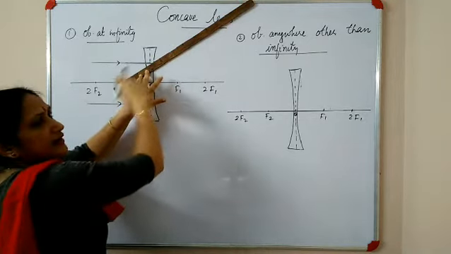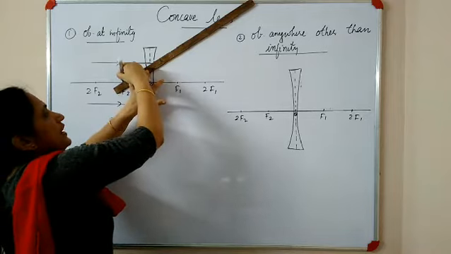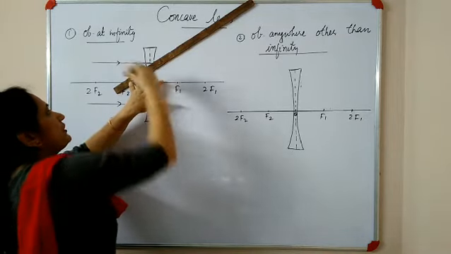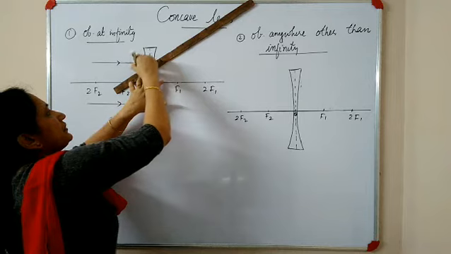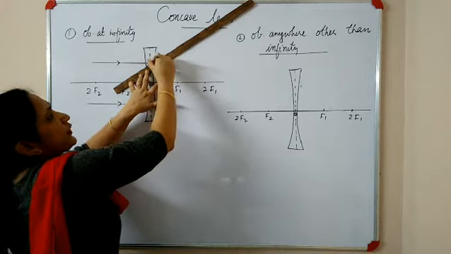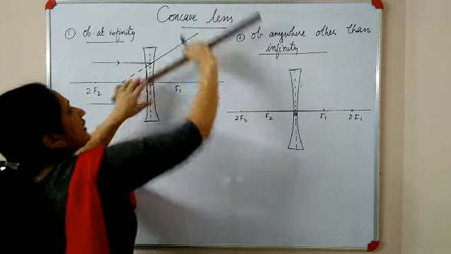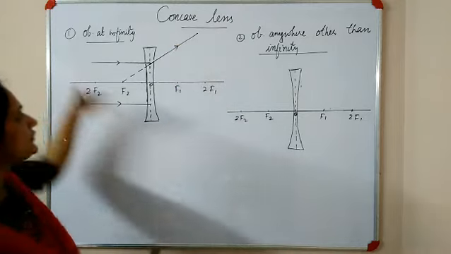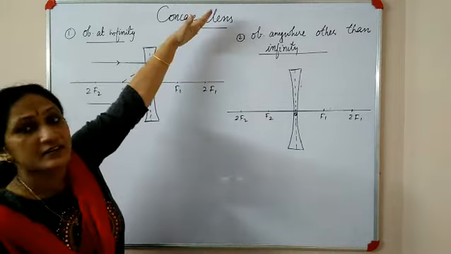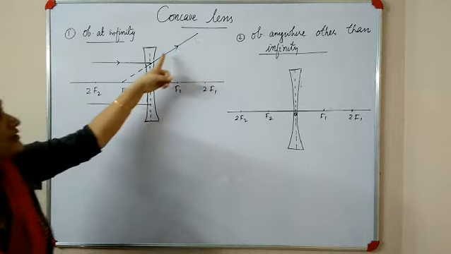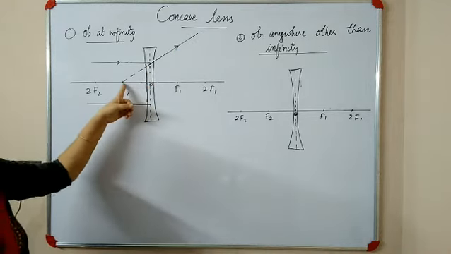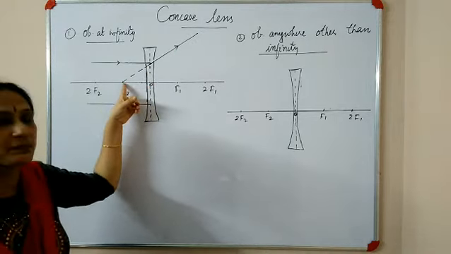So keep the scale in this way from F onwards, and from F onwards you start the line with the dotted line up to this point, then make the dark line. So this is the incident ray and this is the emergent ray, and this emergent ray when you extend backward it appears to pass through principal focus.